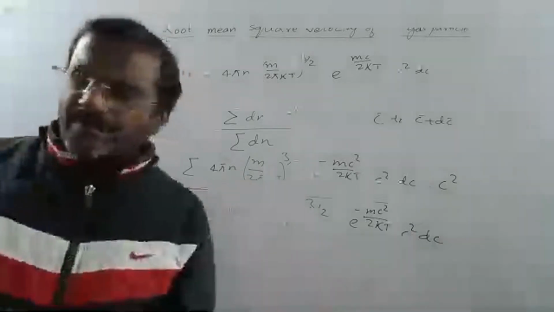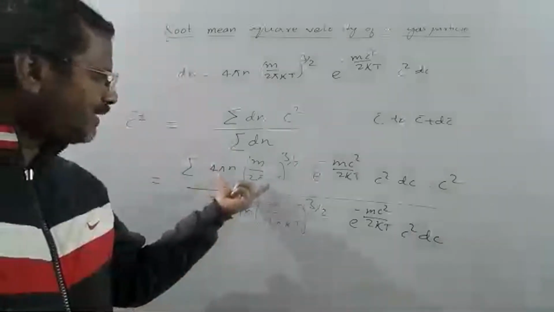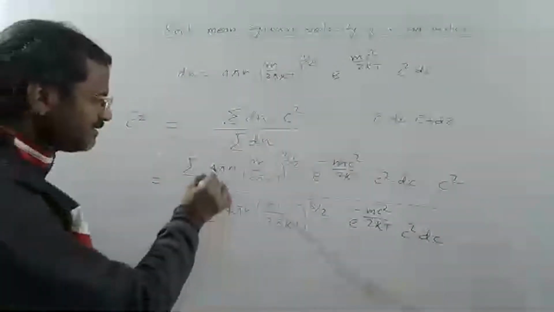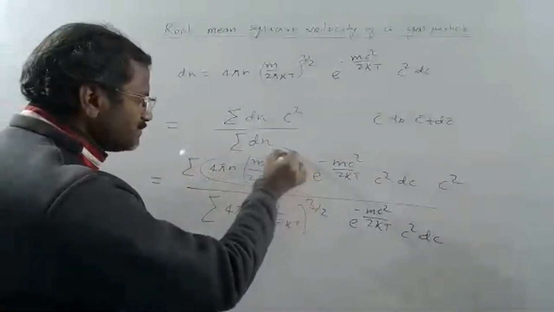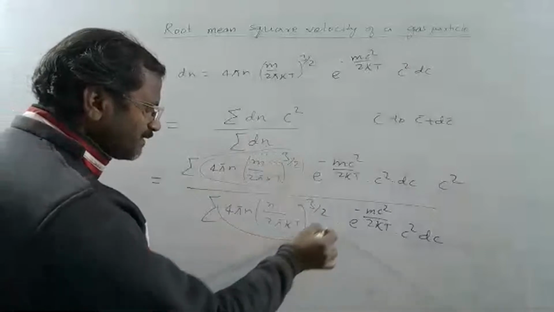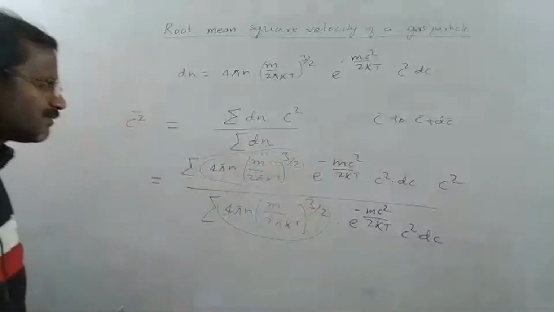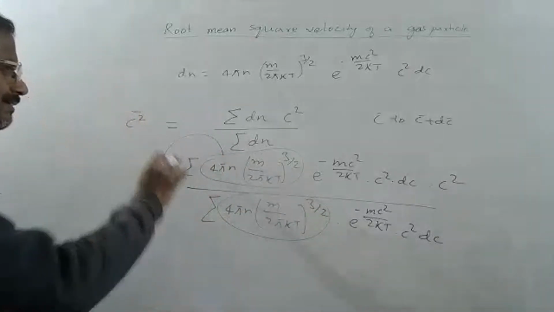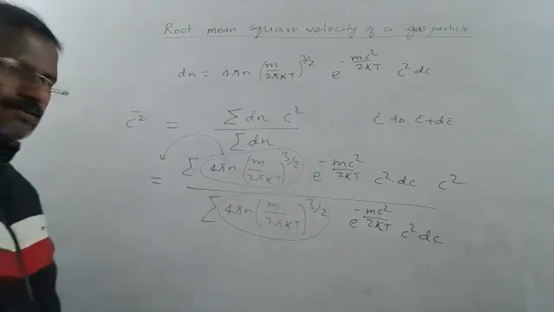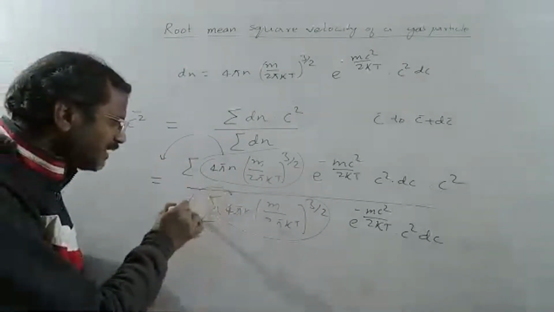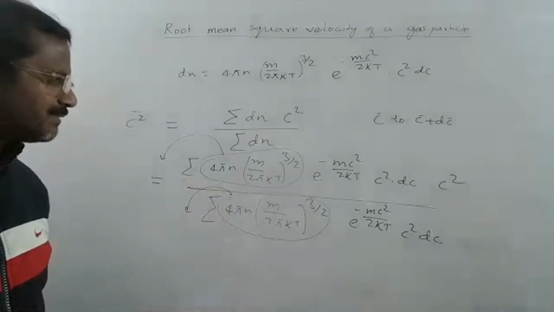Here these are fixed values, and this is also a fixed value. So we can take them out of the summation.